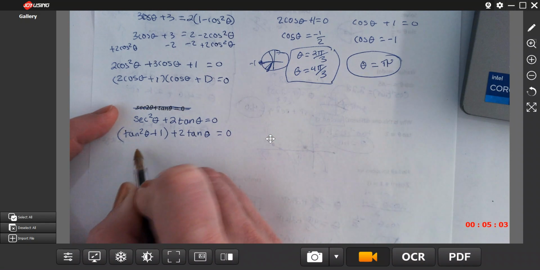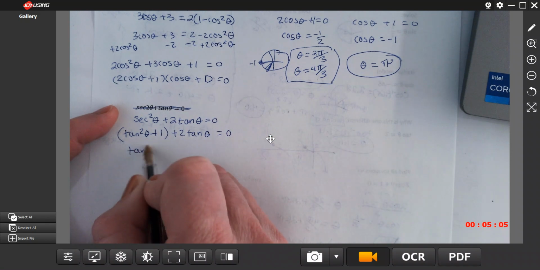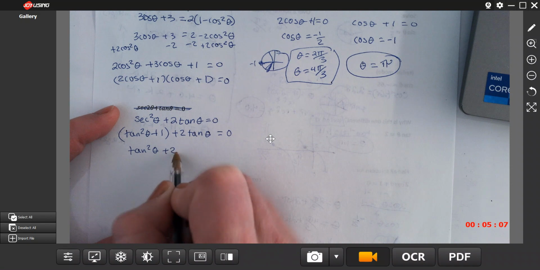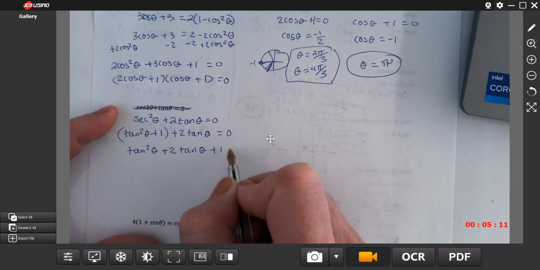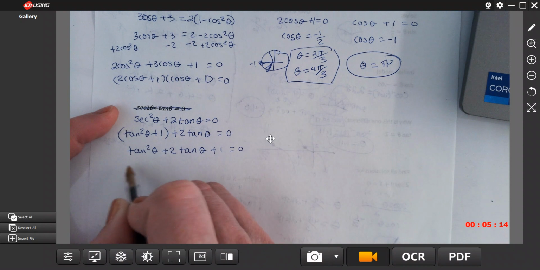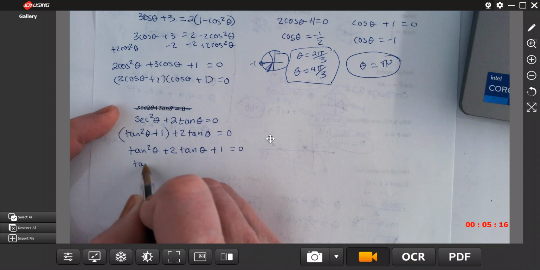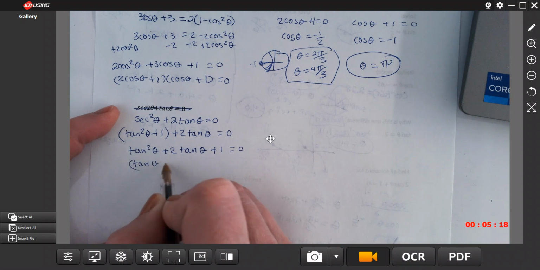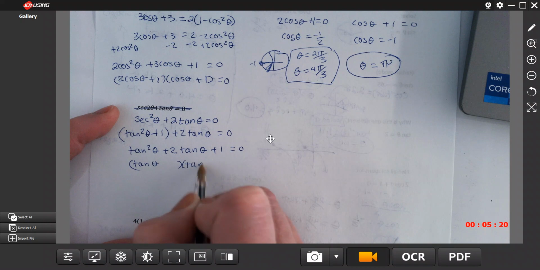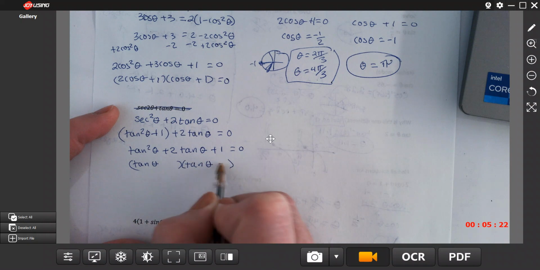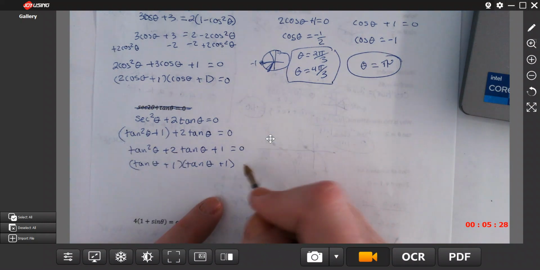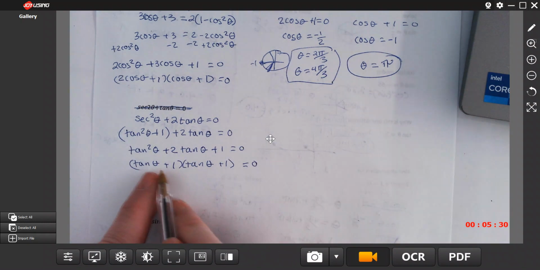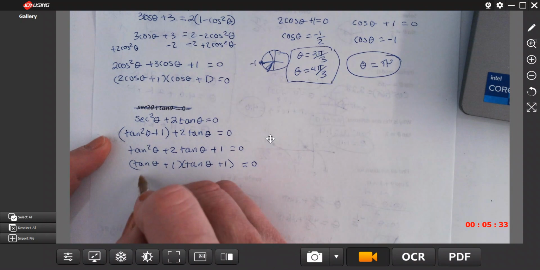And now, if I rearrange the terms so they look like standard form of a quadratic, maybe I can factor. Sure looks factorable to me. So let's try tangent theta times tangent theta. And in order to get a 1, I'm going to need either a plus 1 or a minus 1 in both places. So it's got to be plus to get positive 2 in the middle, so that works. So it's actually the same factor twice.